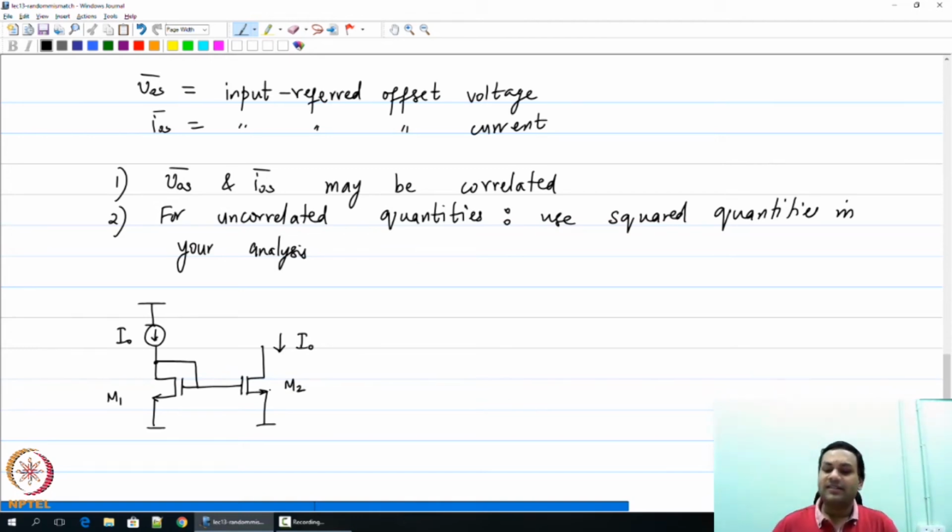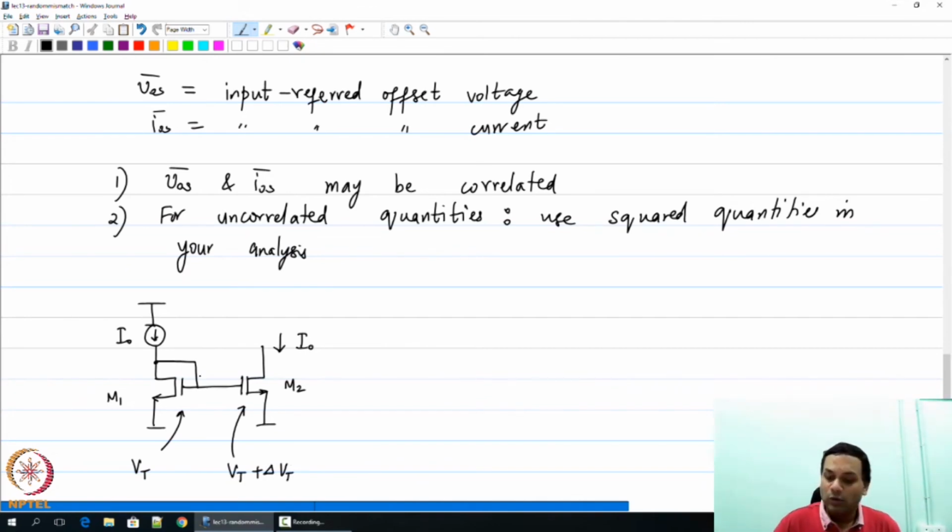Now what I'm going to do is assume variation in certain parameters. For the purposes of this particular example, I am going to assume that there is mismatch only in the threshold voltage of the two devices. So let us say this device has a threshold voltage Vt and M2 has a threshold voltage which is Vt plus delta Vt.